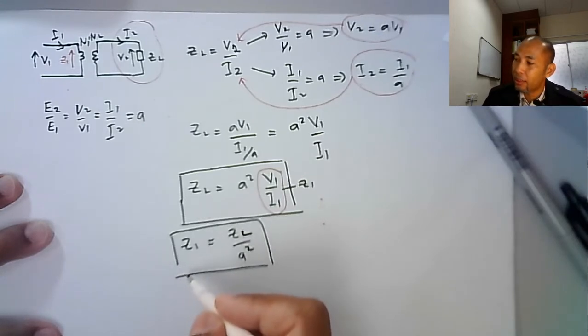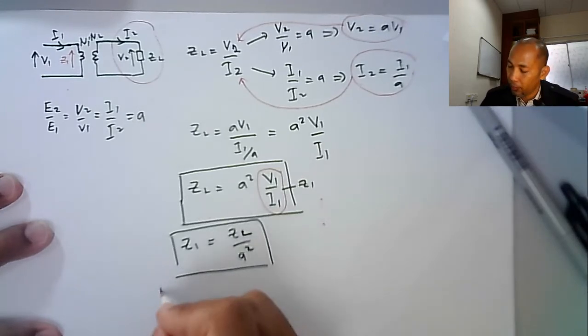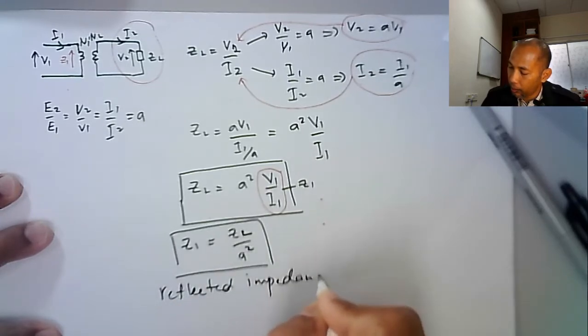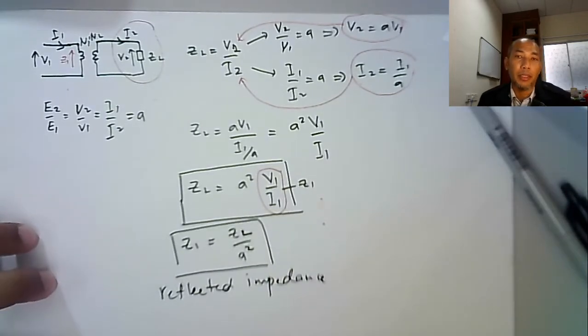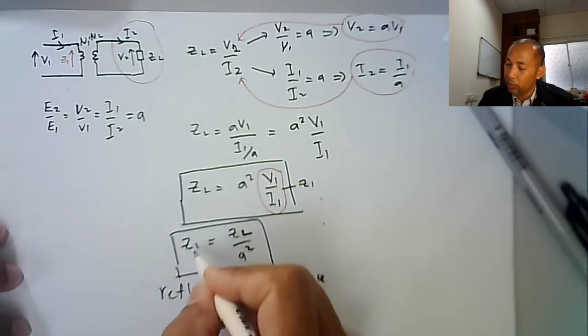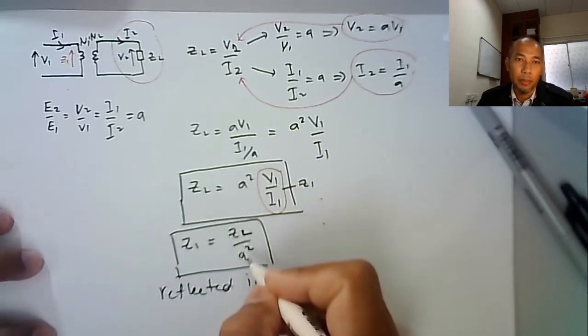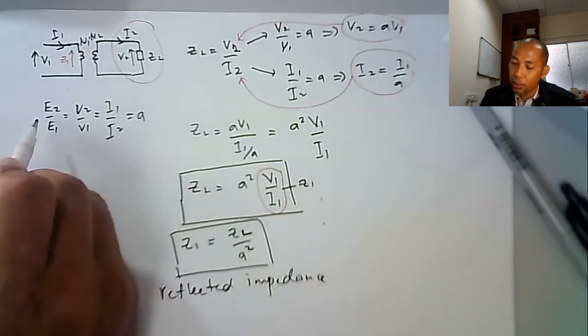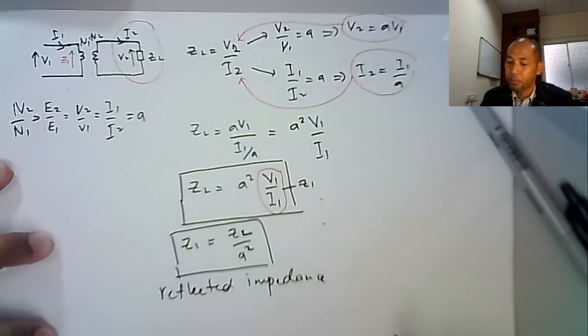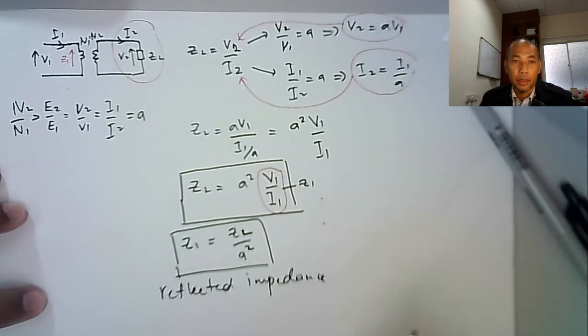This is also known as reflected impedance. The impedance from the secondary is brought to the primary and becomes Z1; we just divide by A square. Here A is the turn ratio, N2 over N1, the transformation ratio.